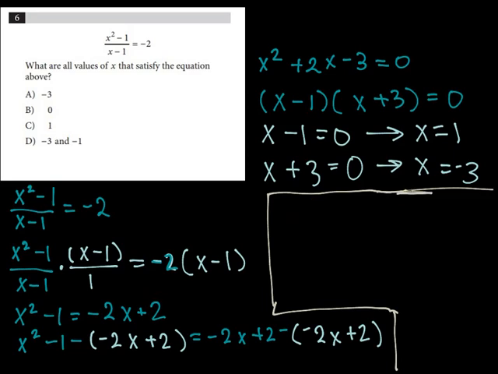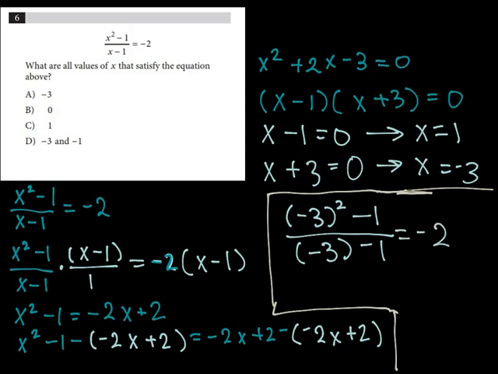So let's plug in negative 3 back into the original equation. So (negative 3 squared minus 1) over (negative 3 minus 1) equals negative 2. So let's see if this is right. Negative 3 squared would just be 9, and 9 minus 1 is 8, so the numerator would be 8.